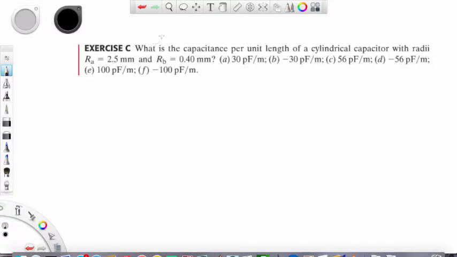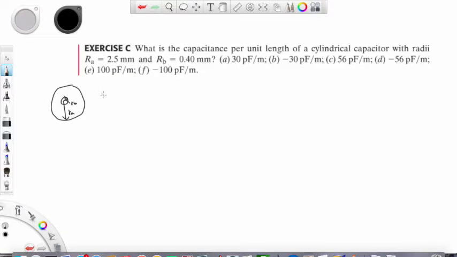In exercise C, we are supposed to evaluate the capacitance per unit length of a cylindrical capacitor. We saw the cylindrical capacitor already, so it looks something like this. There's a conductor here with radius RB, and the outer, larger radius is RA.